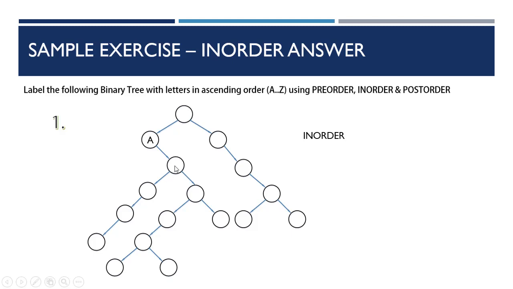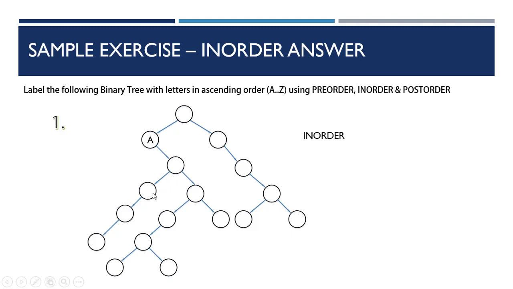From the right, you check if there are subtrees. If there are subtrees, we have to proceed to each node, because in the inorder you have to traverse from the left first before proceeding to the root.